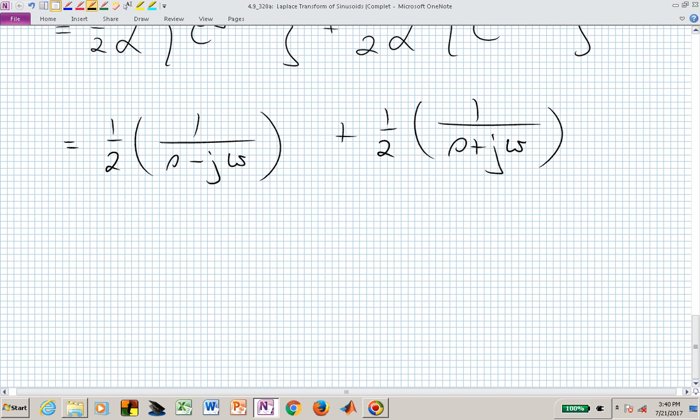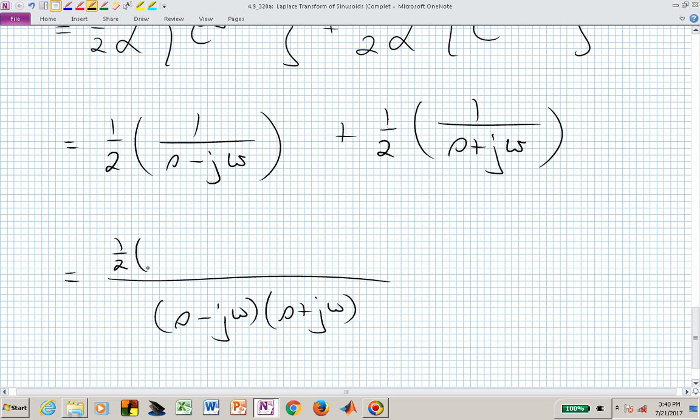We can push the 1/2 upstairs, and if we find a common denominator, which will be the product of the two denominators, then in the numerator we have 1/2 times s plus j omega, and that produces the first term in that two-termed sum, plus 1/2 times s minus j omega, and that produces the second term in that summation in the line above.